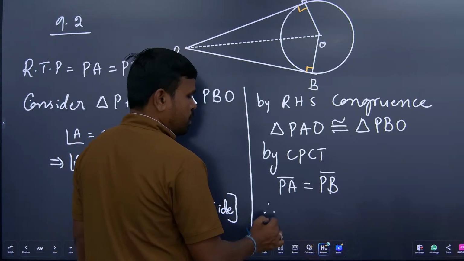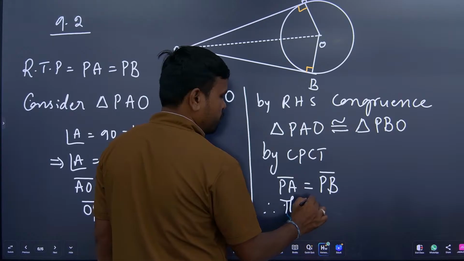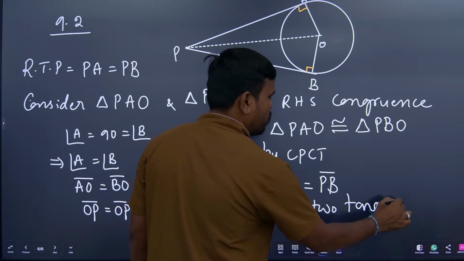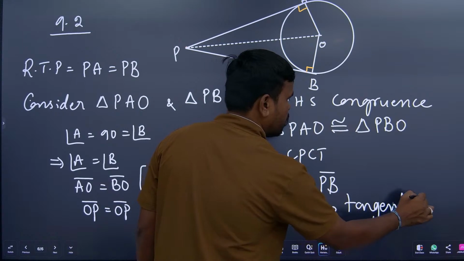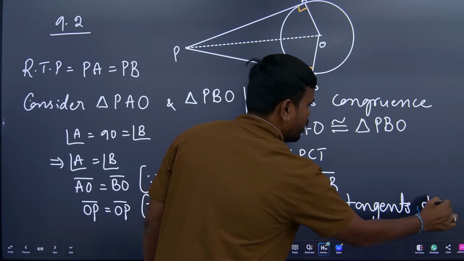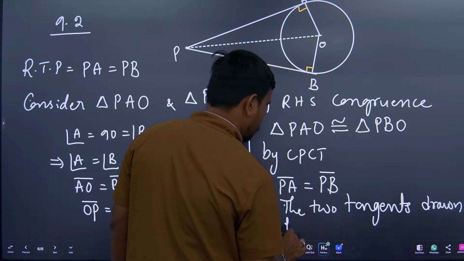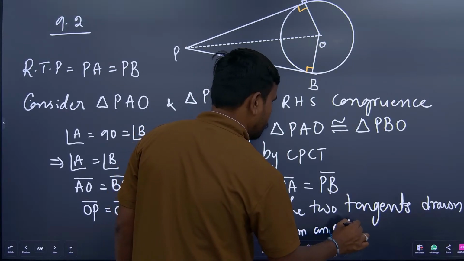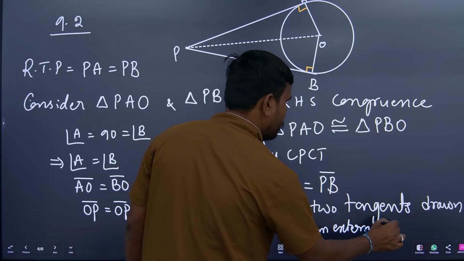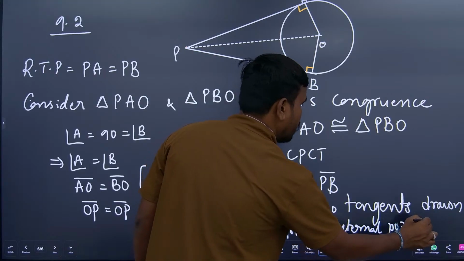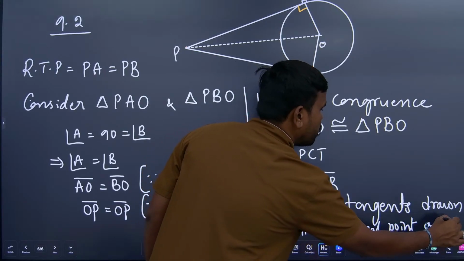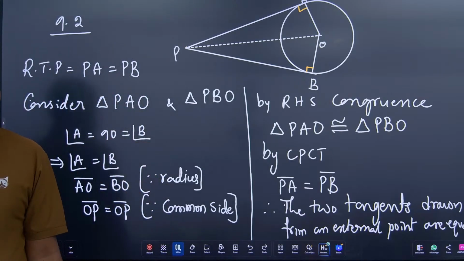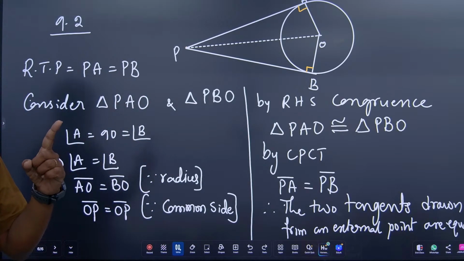Therefore, the two tangents drawn from an external point are equal.